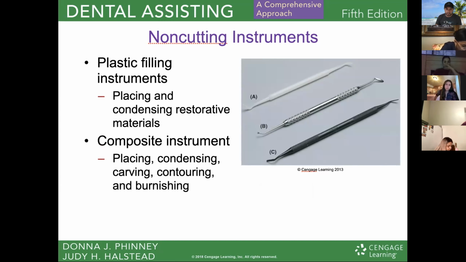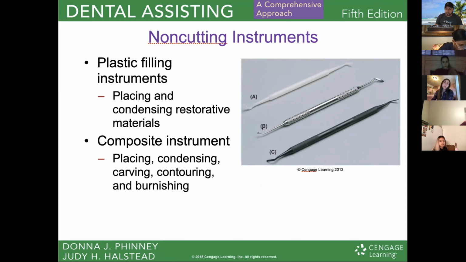A plastic filling instrument is not named because of the material that it's made out of, although this one here, A, happens to be made of plastic. The name plastic filling instrument is used to describe the materials that it's going to be manipulating.